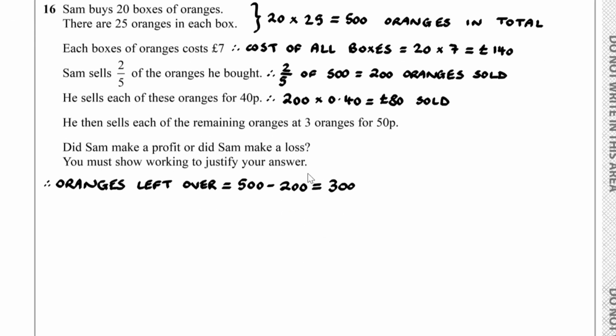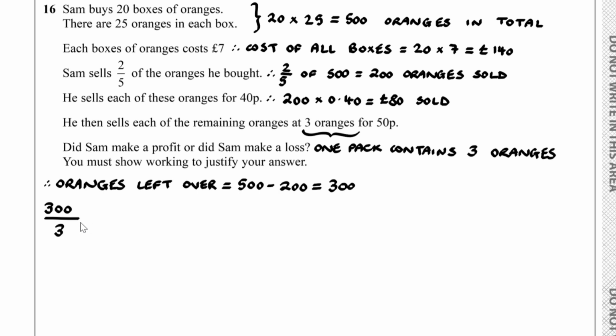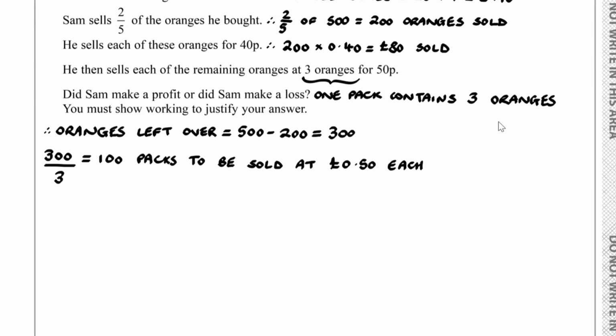So, what we know, we have 3 oranges for 50p, and if we say that one pack contains 3 oranges, then 300 divided by 3 is 100, which means there's 100 packs to be sold at 50p each.